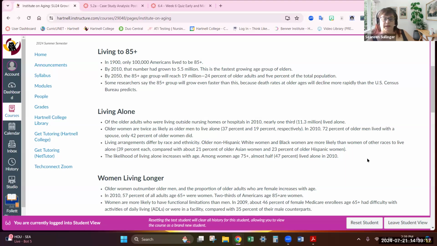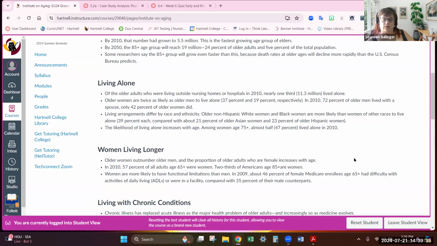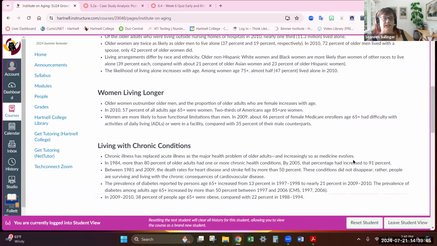The older non-Hispanic white women and Black women are more likely than women of other races to live alone, with 21% of Asian women and 23% of older Hispanic women. So the likelihood of living alone increases as you get older as well. And women, I believe, tend to outlive men, so older women outnumber older men. So it gives you those statistics.